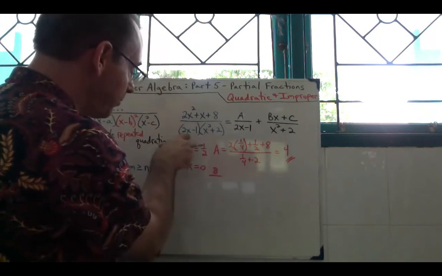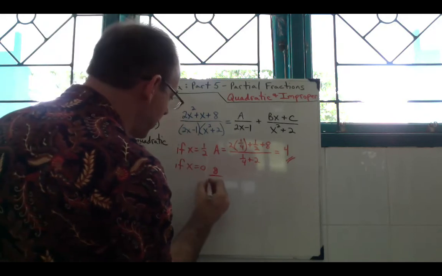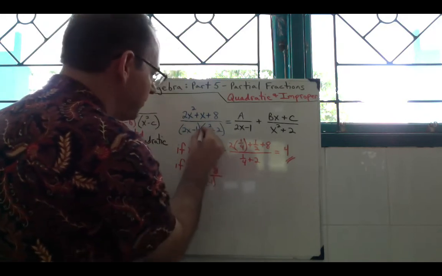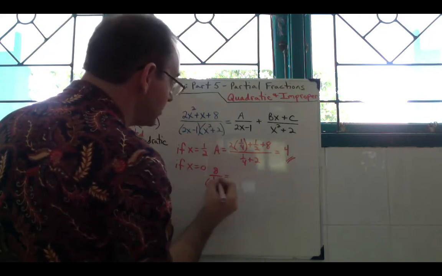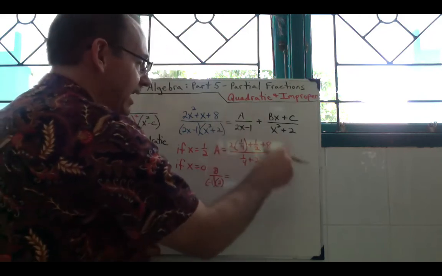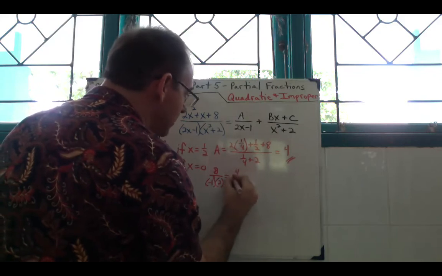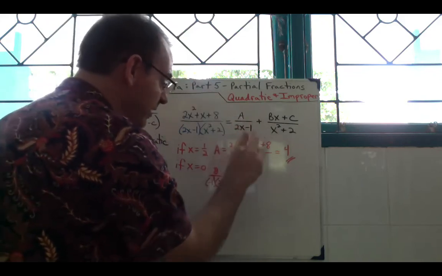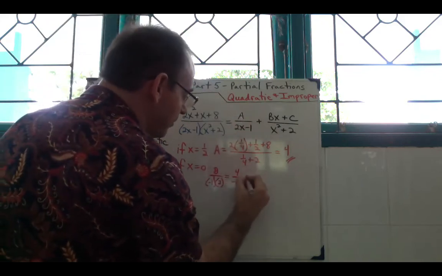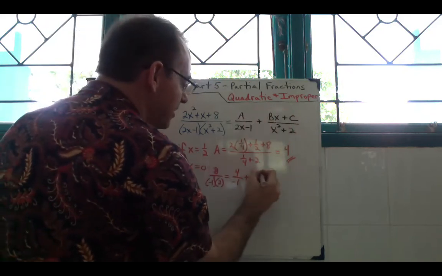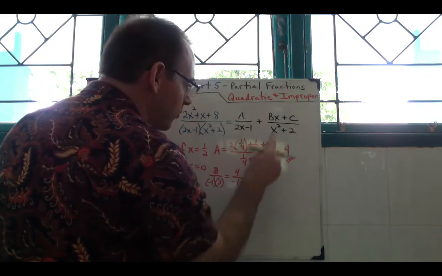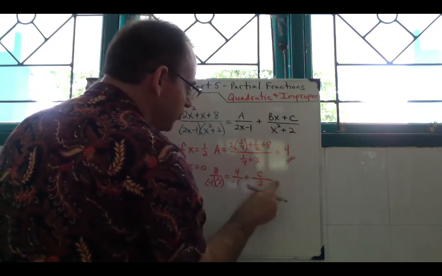Over, we plug in 0 here, we have a -1 times 0, so that means a 2 equals. Here we have a, we know a, 4, over, and when we plug in a 0, we get -1. Plus, when we plug in a 0 here, the b cancels out, so we just end up with c over 0 plus 2 is 2.